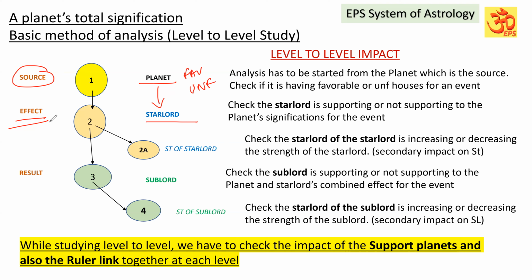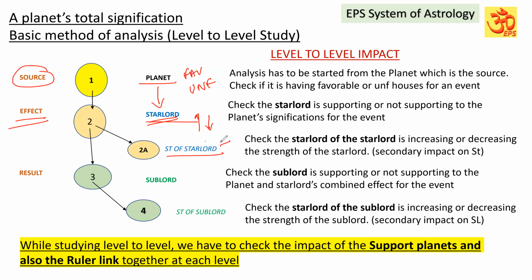In that effect, the star lord's significations can be further increased or decreased by the star lord of the star lord. It means the planet will experience the star lord's significations. The star lord will increase or decrease the strength of the planet. Now that star lord is in the star of another planet, the star lord of the star lord can increase or decrease the strength of the star lord.